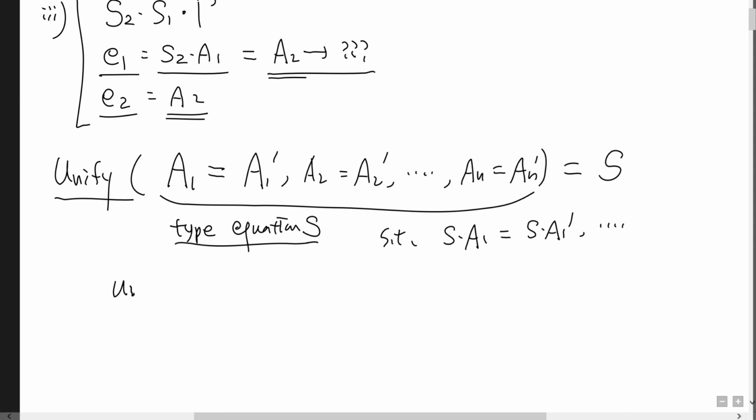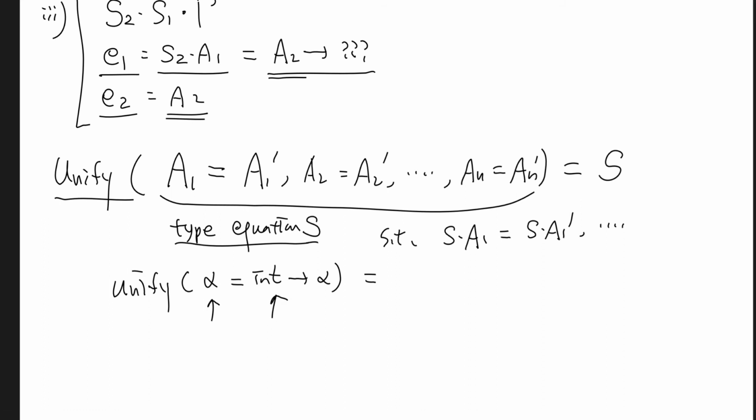The first example is unify of alpha equals int arrow alpha. How do we unify the left side and the right side? Perhaps there is no way, because the right side is strictly larger than the left side.